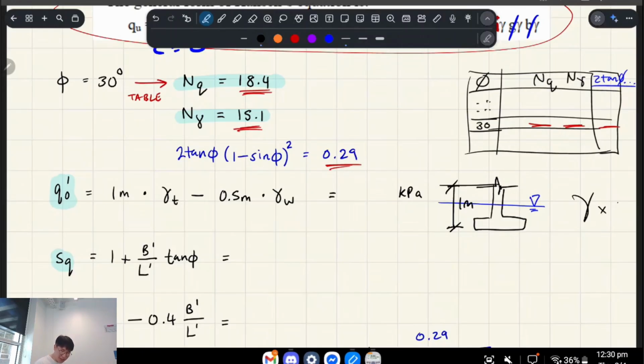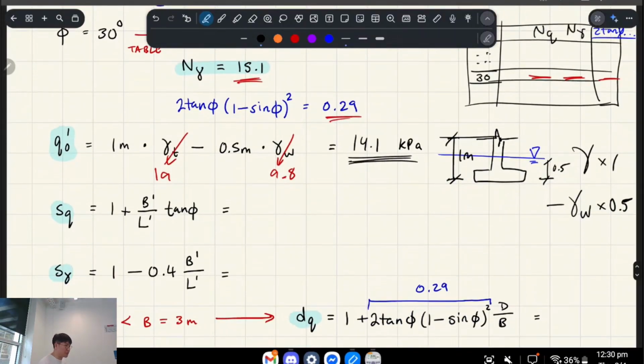So 1 meter of unit weight, and then I'm subtracting off 0.5 of water, gamma water. Okay, so that gives us the surcharge. So this was 19, and this was 9.8. 14.1 kPa. Okay, so that gives us 14.1 kPa of the surcharge.